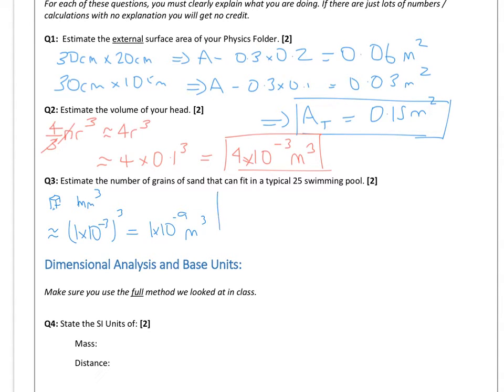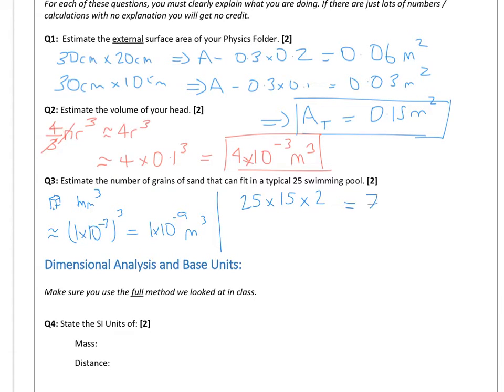So that's the volume of a grain of sand. You might have modelled it as a sphere, that's fine too. A swimming pool is usually about 25 meters by 15 meters, and let's say on average it's about 2 meters in depth across the whole length of the pool.